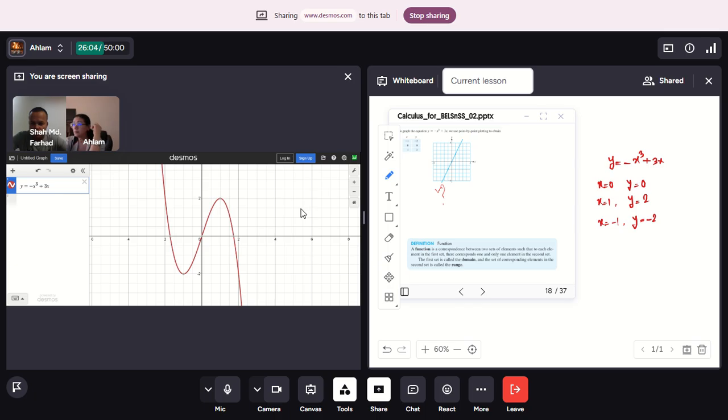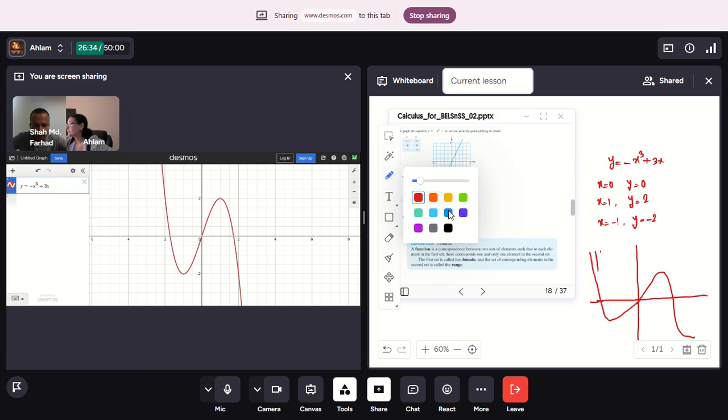Like this one, here we can find y is 2 and also another y.